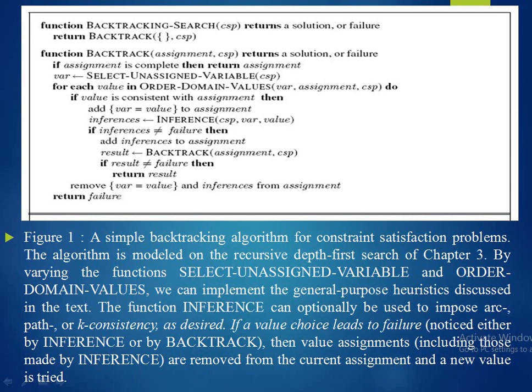The function inference can optionally be used to impose arc, path or k consistency as desired. The arc consistency, path consistency and k consistency we have seen in our previous videos. If a value choice leads to failure, noticed either by inference or by backtrack, then value assignments, including those made by inference, are removed from the current assignment and a new value is tried.